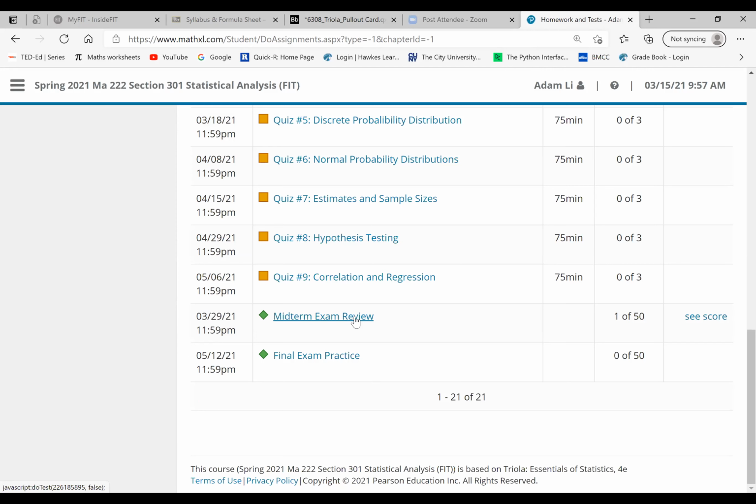The questions will be similar to the midterm exam review. So if you do well on the midterm exam review, that means you're ready for the actual midterm. Okay. But definitely try yourself and work on it first, and then I'll go over the solution, and you get better feedback, right? You also get more out of the review session. Okay.